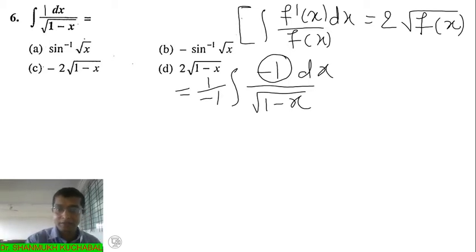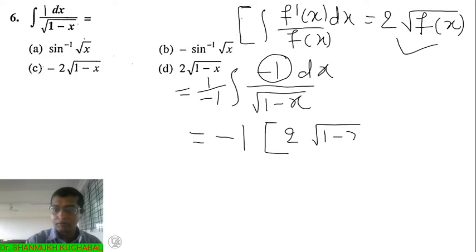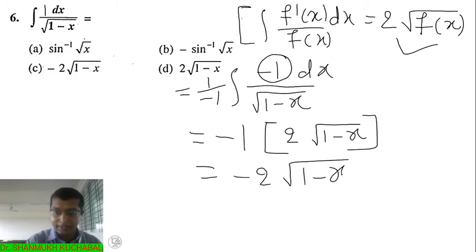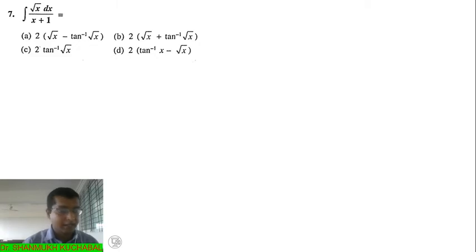So 1 divided by minus 1, minus 1. Now we write the integration using this formula, 2 times root of f of x, so it is root of 1 minus x. Further multiplying by minus 1, we get minus 2 under the square root of 1 minus x. Therefore, option C is the right answer.